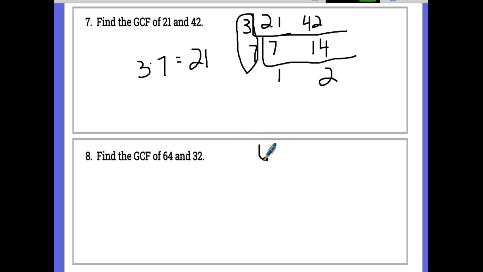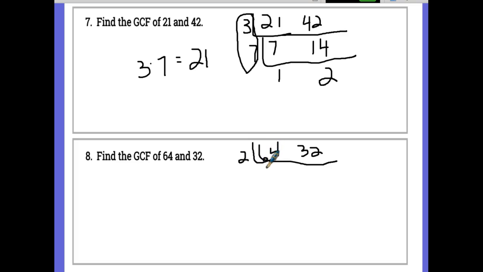Now I'm looking at 64 and 32. I'm going to set up my structure. And since 64 and 32 are both even numbers, I know my smallest prime number is 2.